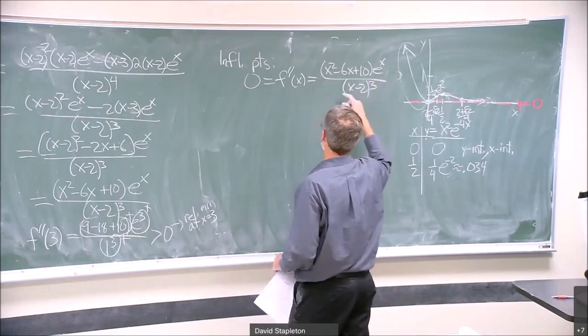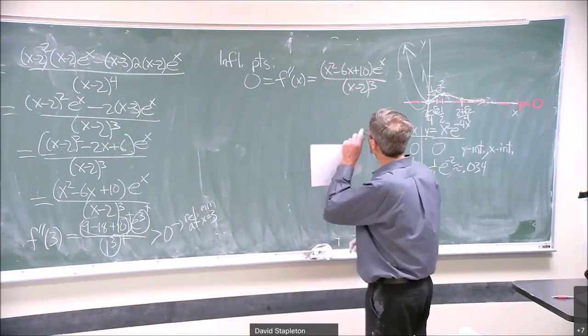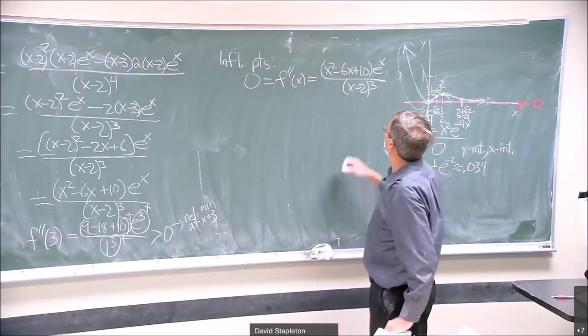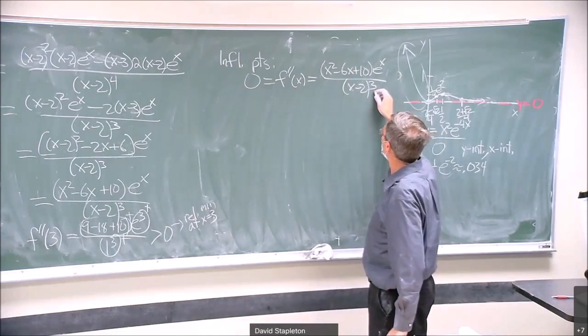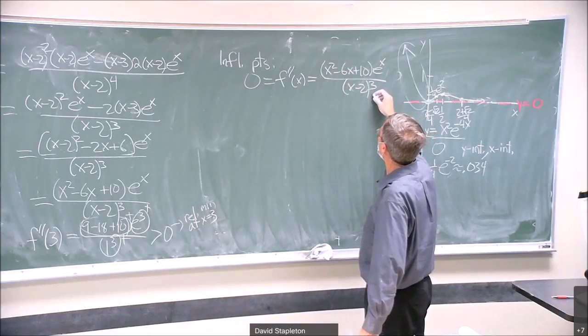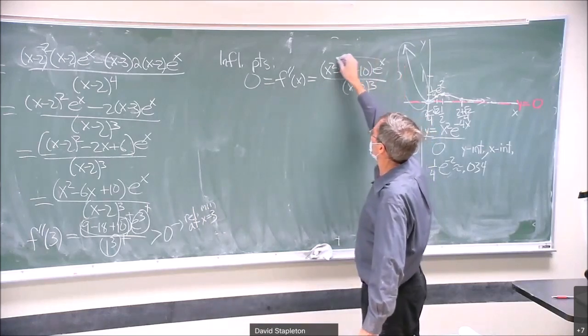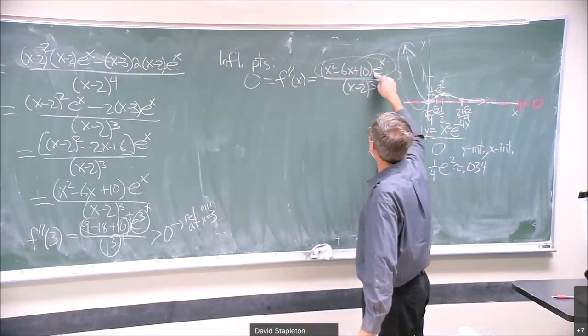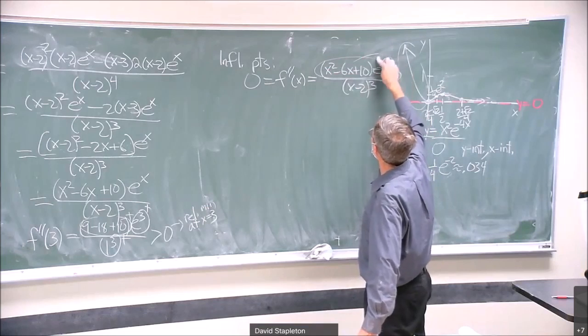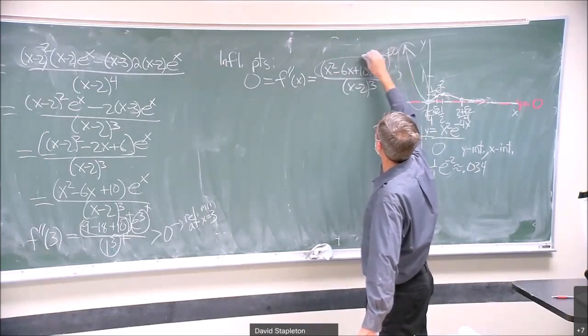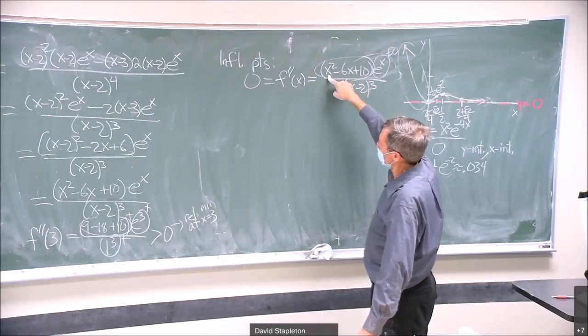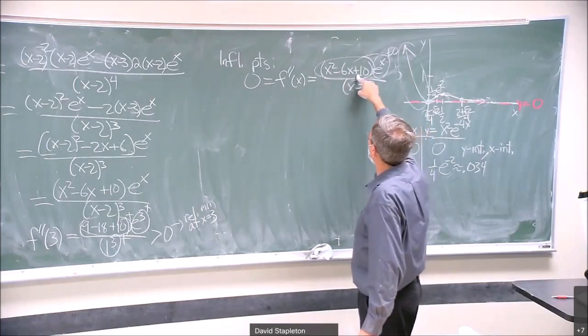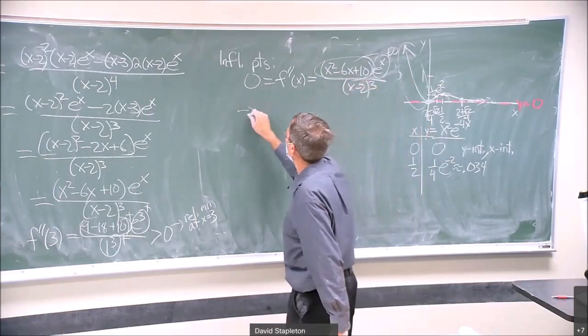Well, the function isn't defined at x equals 2. And so the only place this is 0 is, again, where the numerator is 0. e to the x is never equal to 0. So it follows that the only place where the second derivative can be 0 is where this polynomial on top is 0.